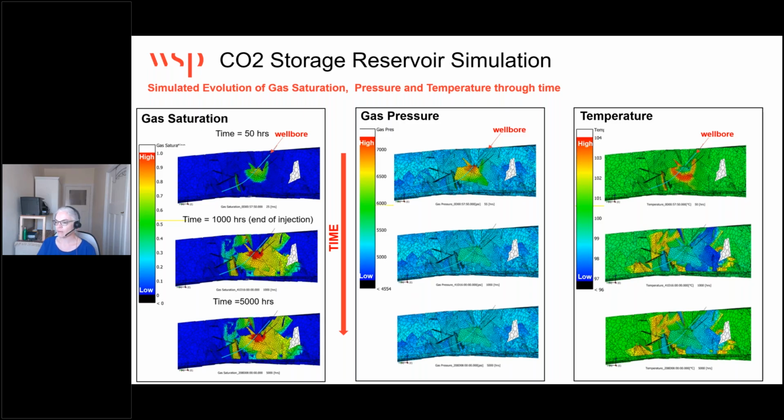The wellbore can be seen as a thin blue line in the center of each image. The orientation, distribution, intensity, and interconnectedness of faults and fractures in the reservoir and cap rock are key factors on the migration of gas through time and the associated changes in saturation, pressure, and temperature.